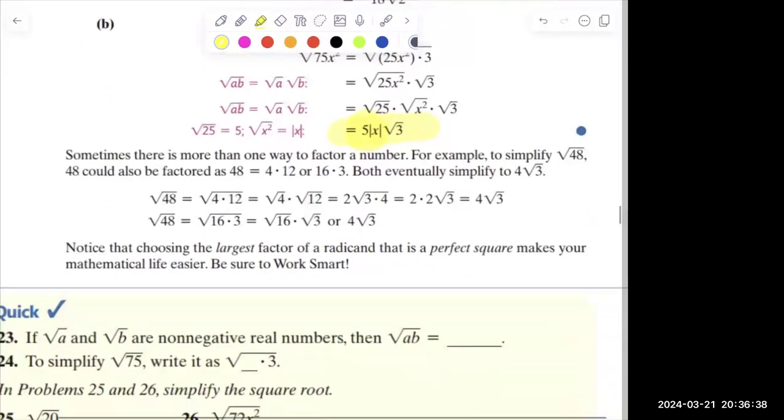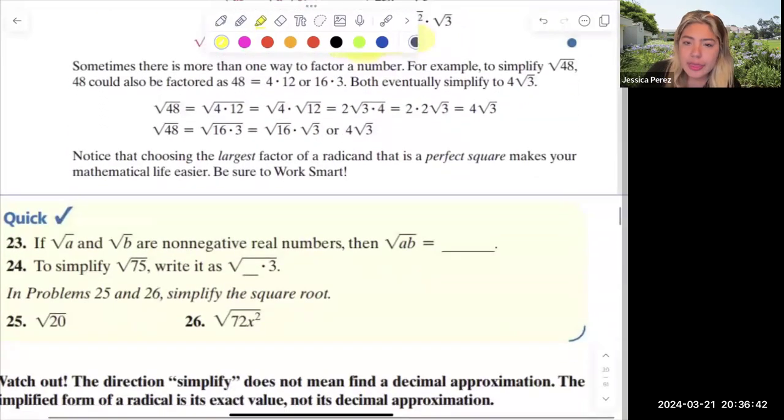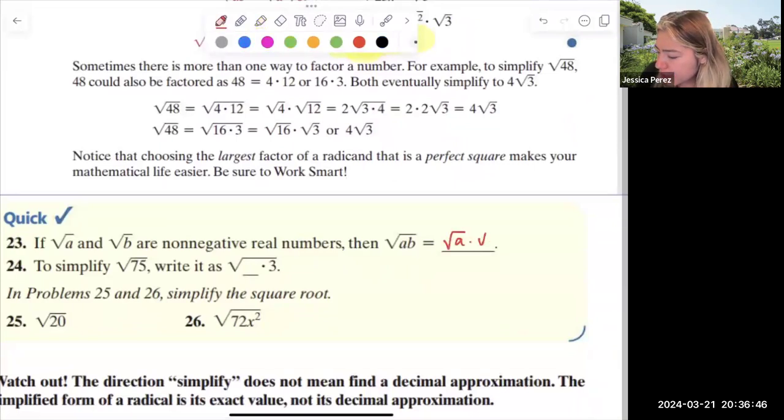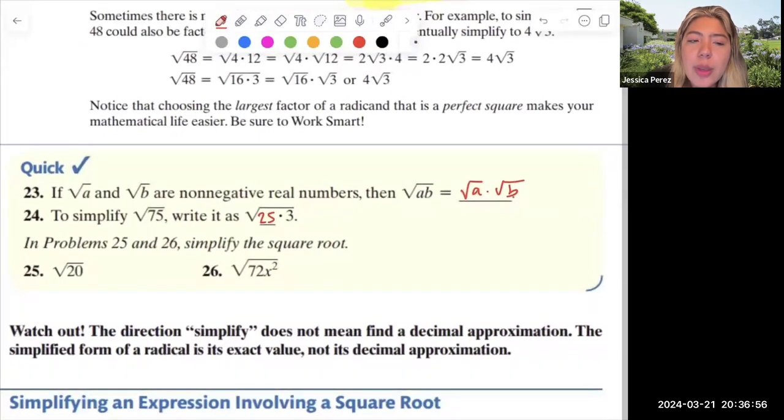So if A and B are non-negative, then what did we do? Well, we found the roots, right? That's the square root of A times the square root of B. To simplify 75, rewrite it as 25 times 3. So help me out with number 25. How do I break down 20? What's the perfect root?